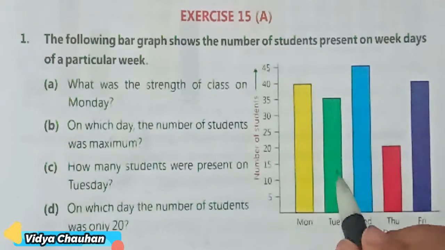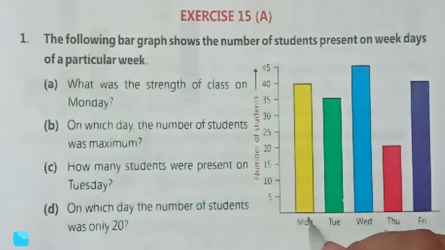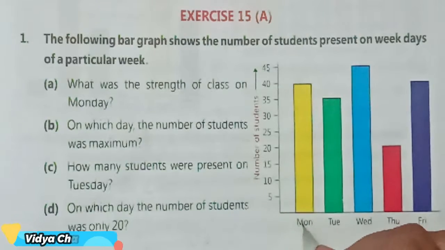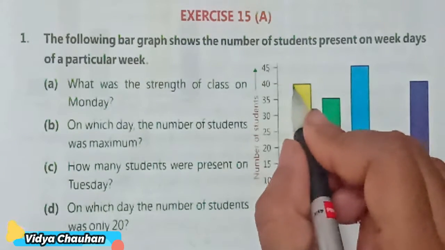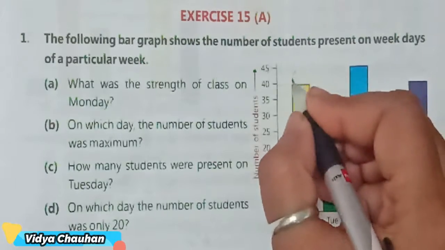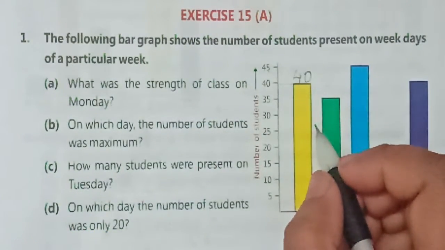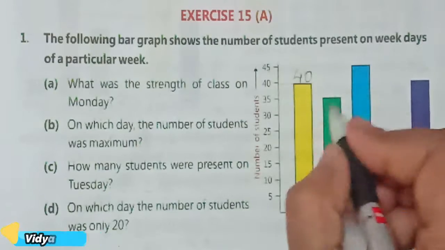Now with these colored bars, it is showing us some information. Very first, on Monday, how many students are present? Since this bar is touching the value of 40, that means on Monday, 40 students were present. Tuesday, how many students?